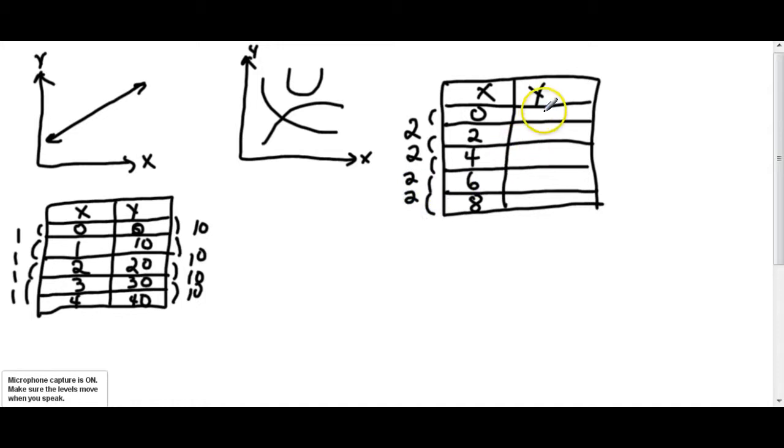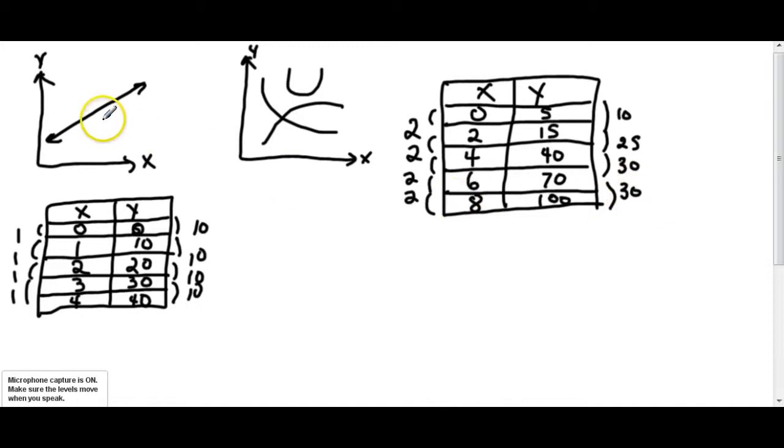But over here on the y, let's say I had 5, 15, 40, 70, and maybe 100. From here to here is 10. From here to here is 25. From here to here is 30. And from here to here is also 30. Notice how these do not increase at a constant rate.